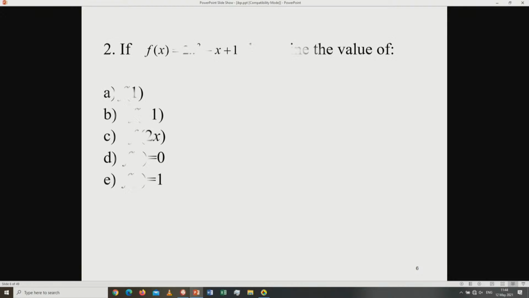Right, the next part that we're going to look into. Number 2, we are given that if f(x) = 2x² − x + 1, determine the value of f(1).